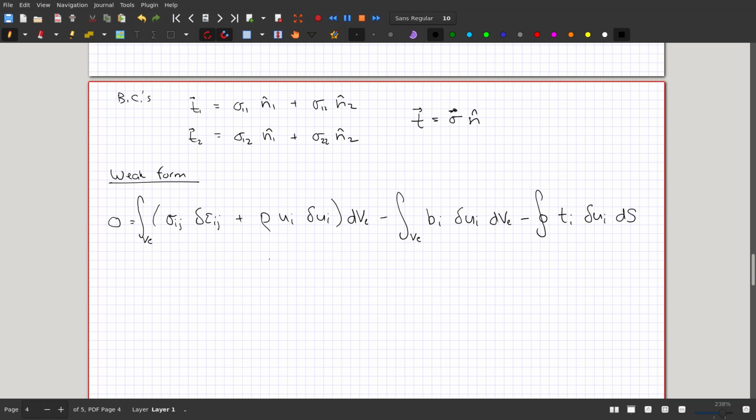But in 2D, the volume of the element, what we'll say is the thickness or depth, like into the page, right? We're going to solve 2D problems in the plane, so they'll have some thickness times the area of the element, right? And then, with that, I'll write out some terms here.